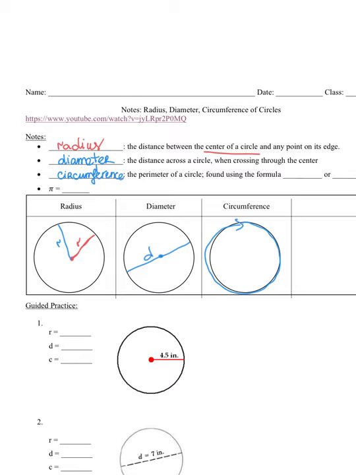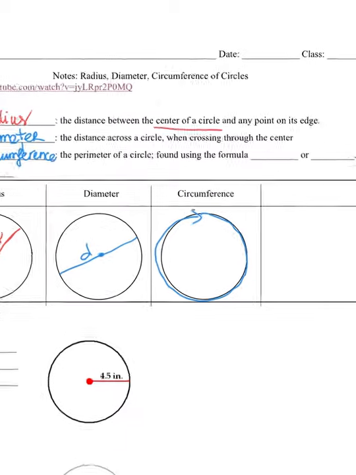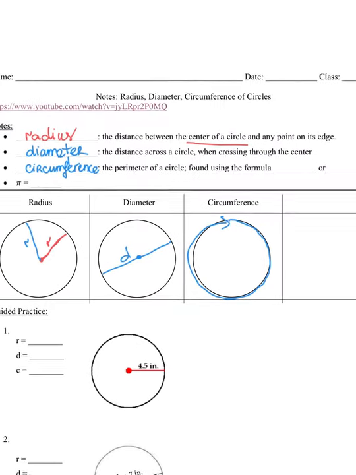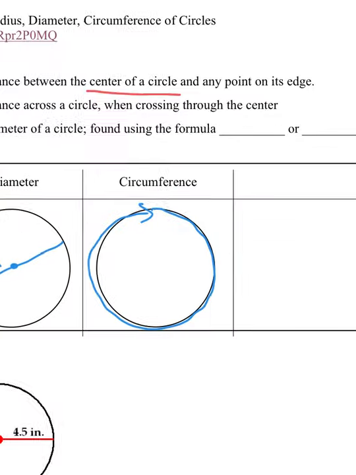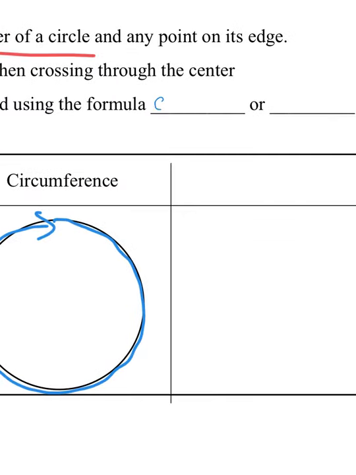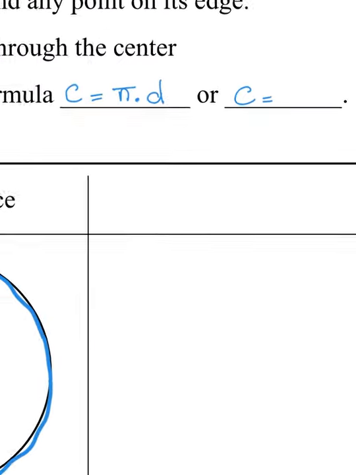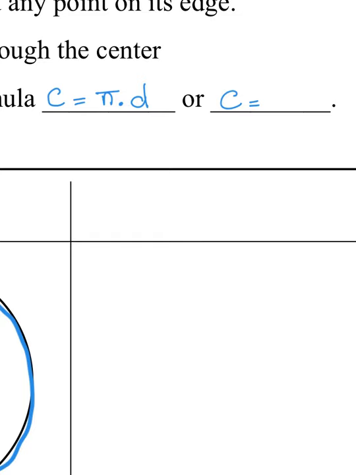And on your STAAR reference sheet, you will find a formula if they're looking for the distance around the circle, or circumference. You will see they use circumference equals pi times diameter, or circumference equals 2 pi r.